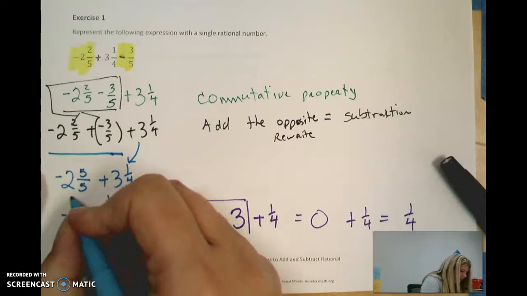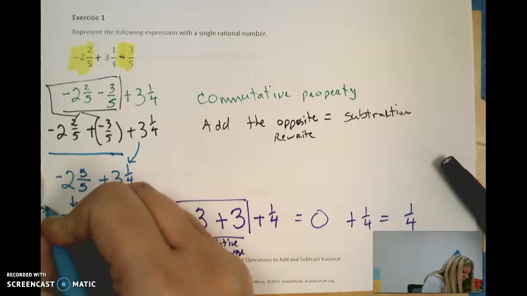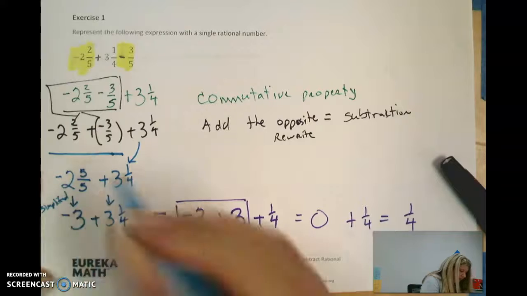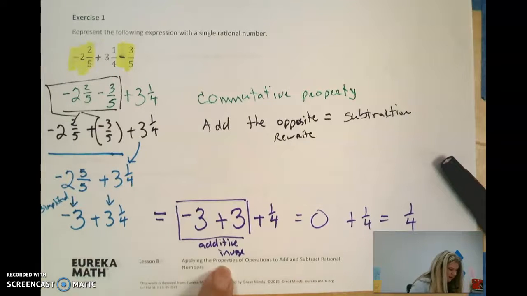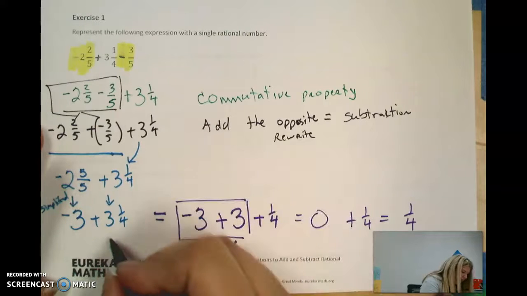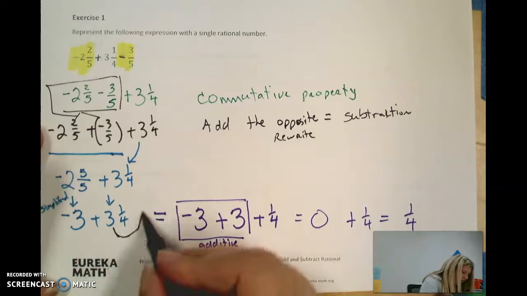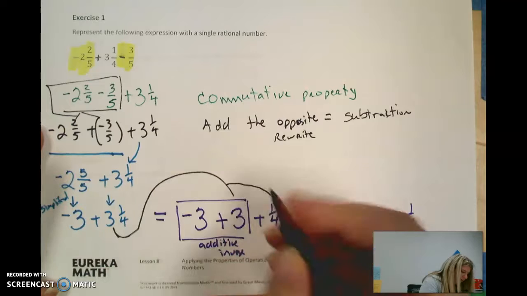Right here, I just simplified that fraction, and I used additive inverses. Okay. Oh, and I went from 3 and 1/4 to 3 and 1/4.